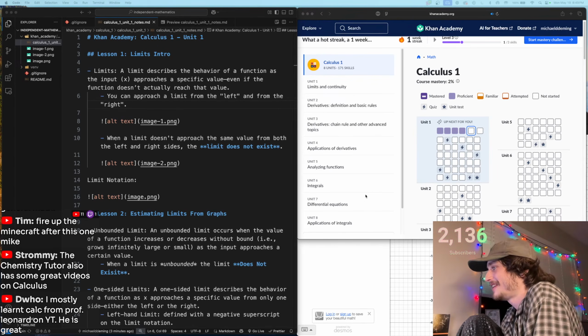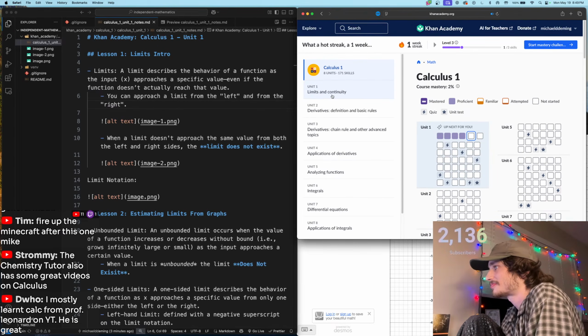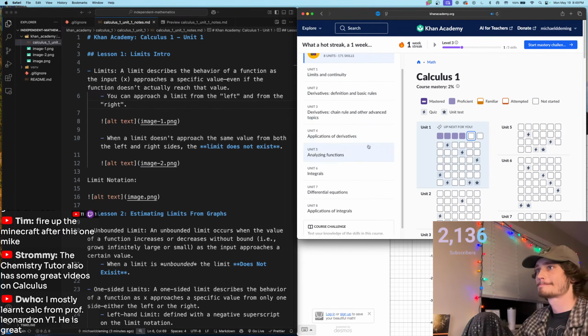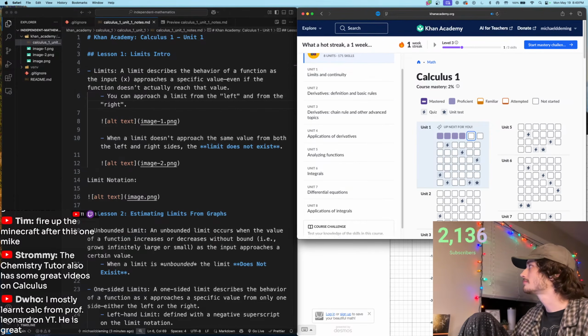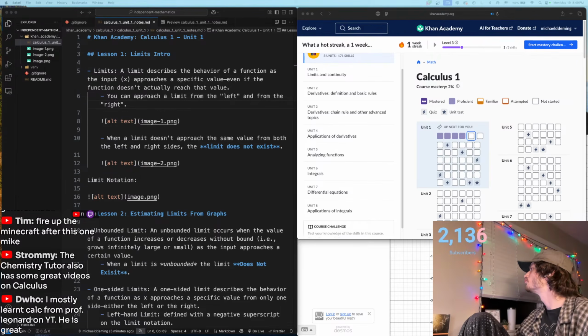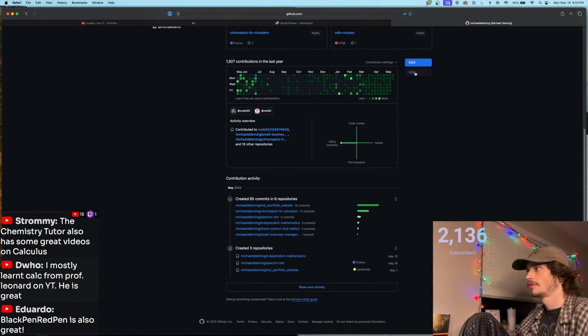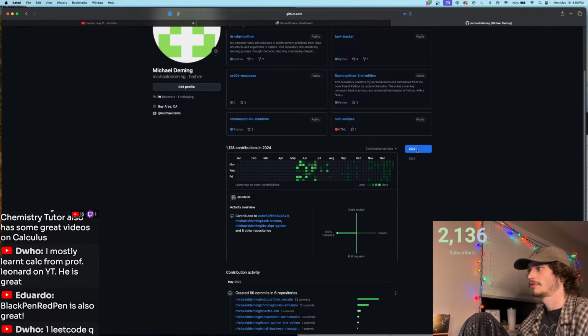I'm kind of nervous if we play League because I haven't played in a long time. Eduardo says, Black Pen Red Pen is also great. Ho says 1 LeetCode question.